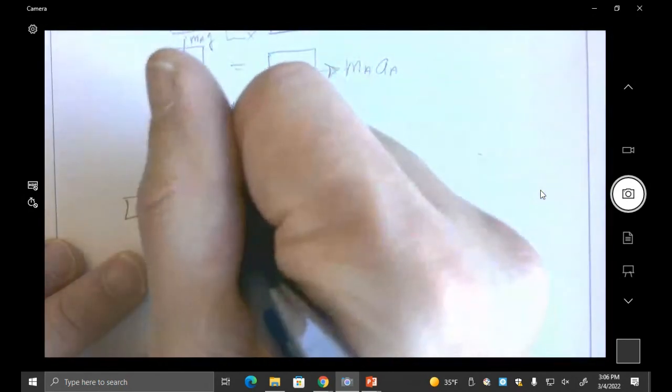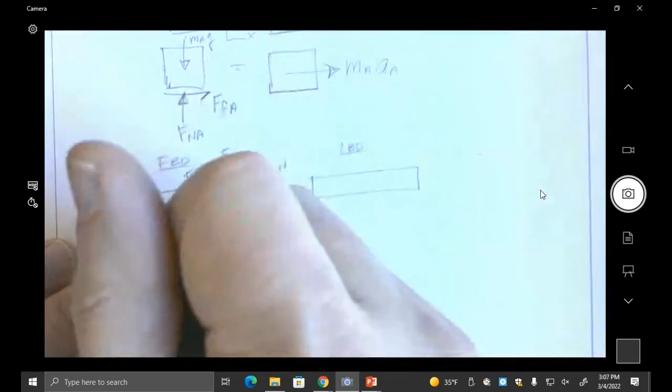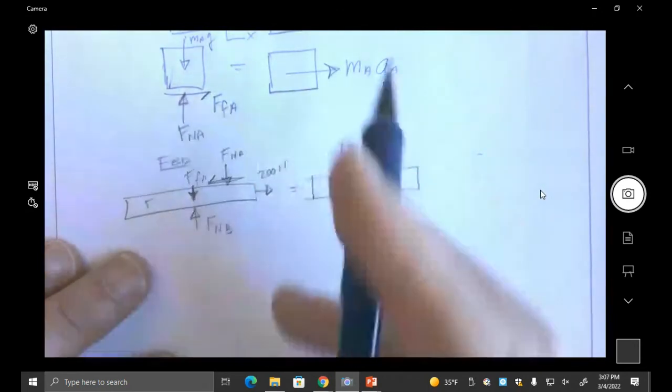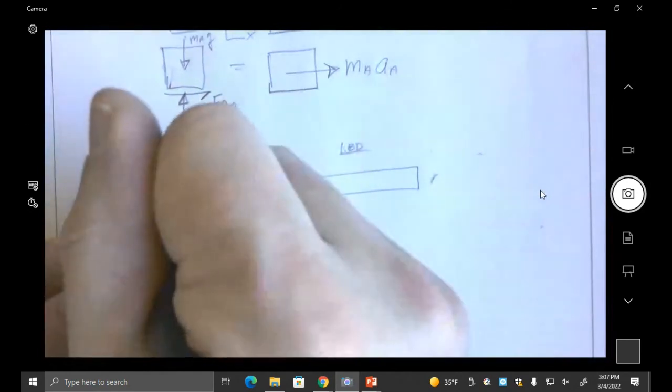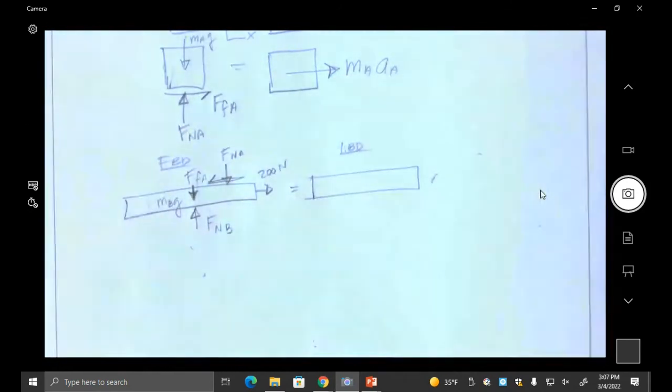We also have, whoops, we need the weight, but I don't think it's going to matter to us, so it's going to be MBG.